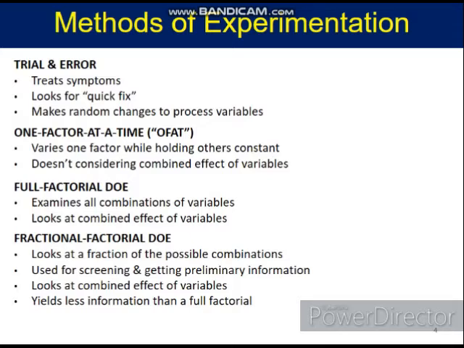So if you have the intention to find out the effect of more than one variable during that experiment, then don't do one factor at a time. Okay, that brings me to the next method of experiment, full factorial design of experiment.